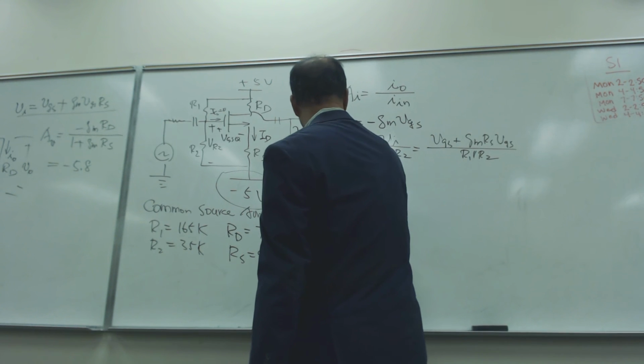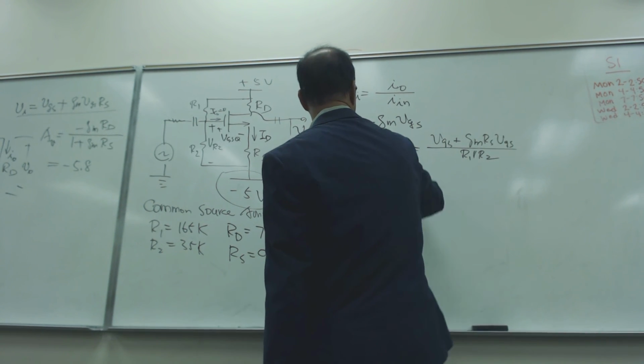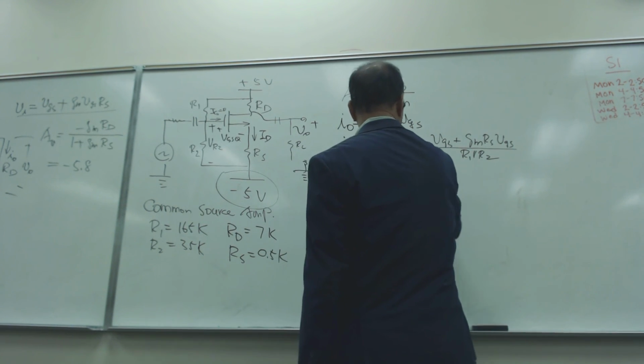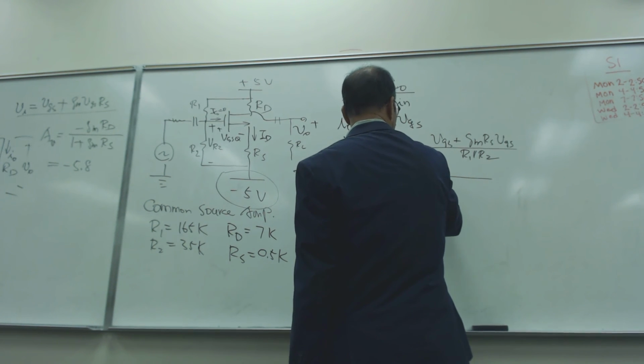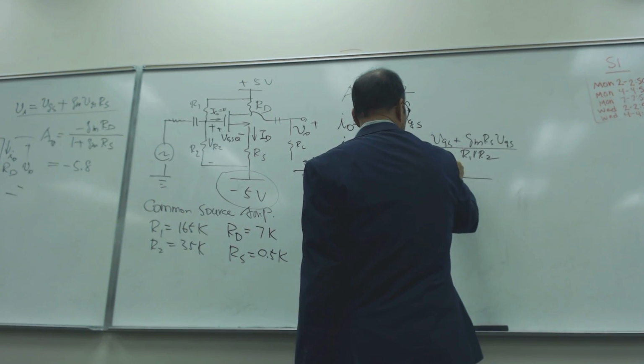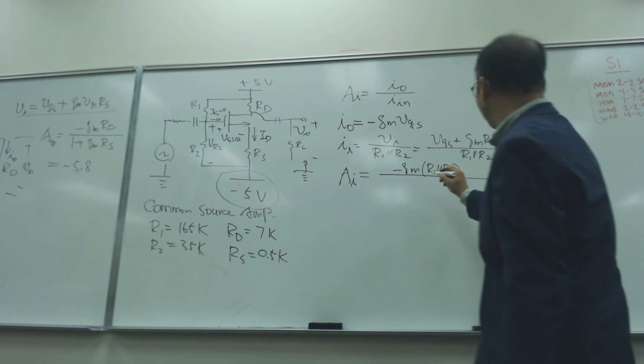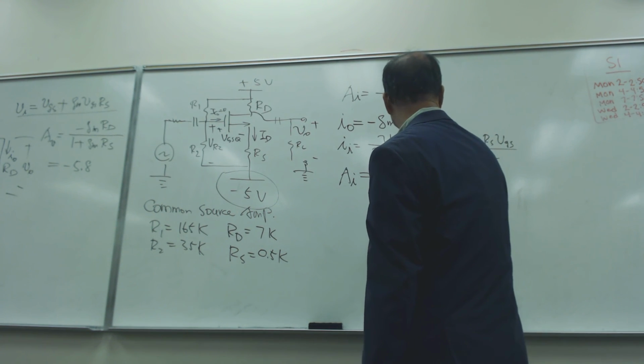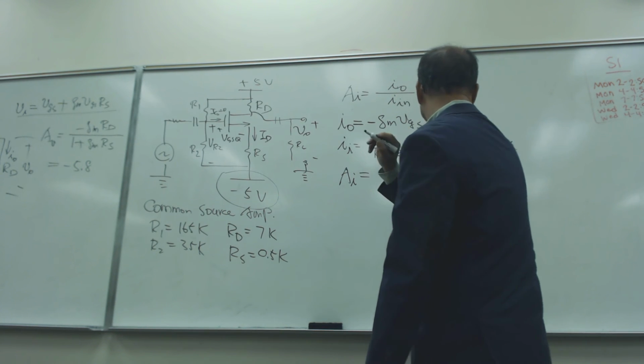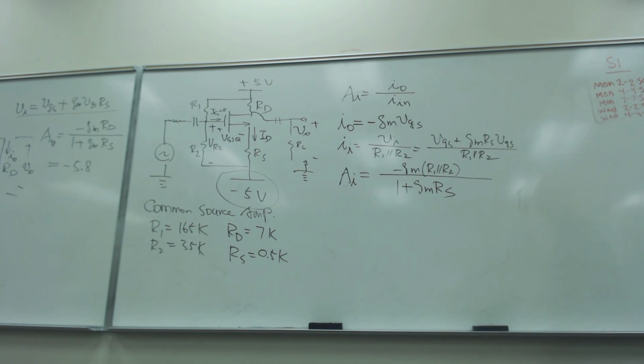So now I can take the ratio. Because this is a function of VGS, it's minus gm times R1 in parallel with R2, divided by 1 plus gm R sub S. Correct?